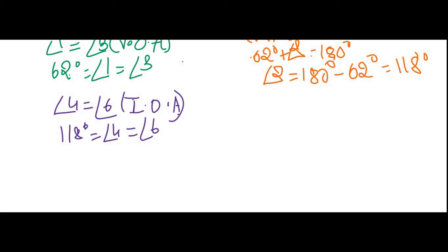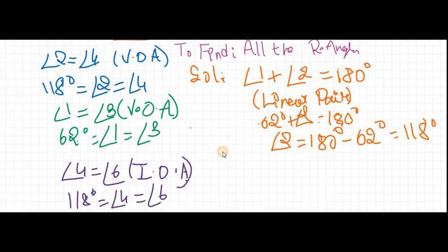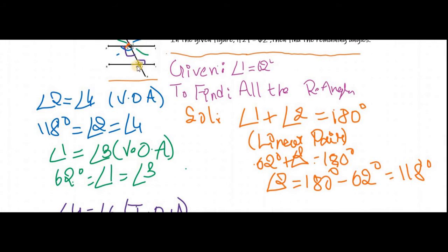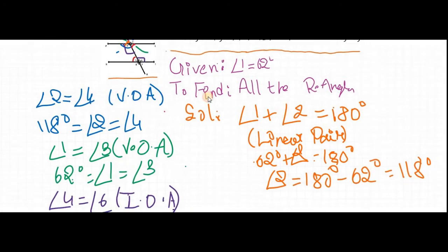And again, with this we can also find out one more angle. So in the same way, again, if you look over here, what can you do by seeing them? We will be able to know angle 3 and even angle 5 are the same. They are interior opposite angles. So let's write them down.